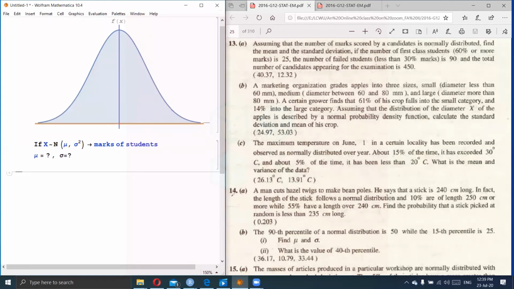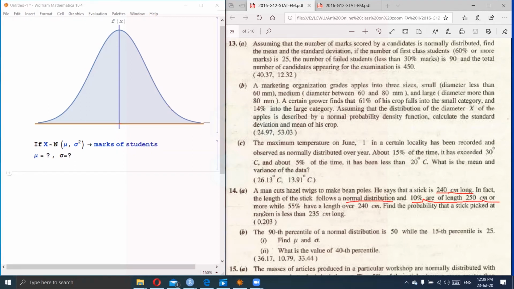In question 14a, a man cuts hazel twigs to make bean poles. He says that a stick is 240 mm long. In fact, the length of the stick follows normal distribution. So normal distribution is here, and 10% are the length of 250 centimeter or more.